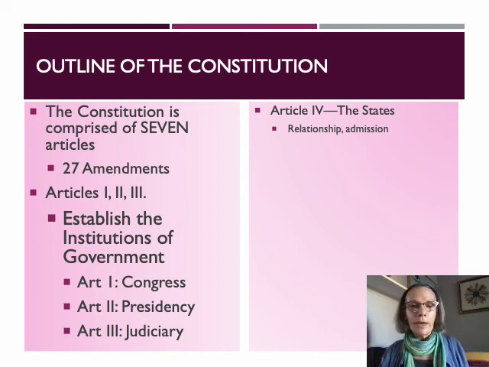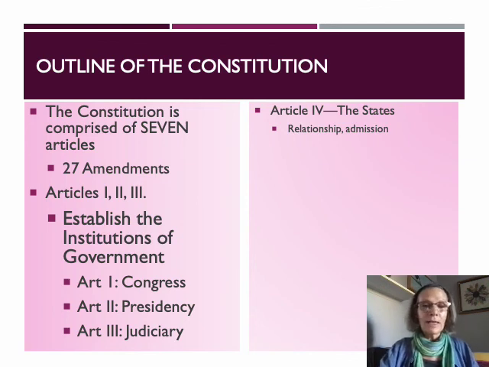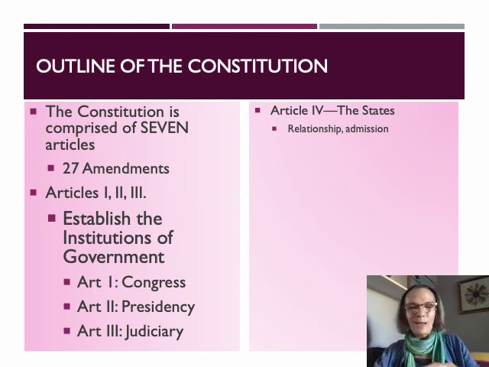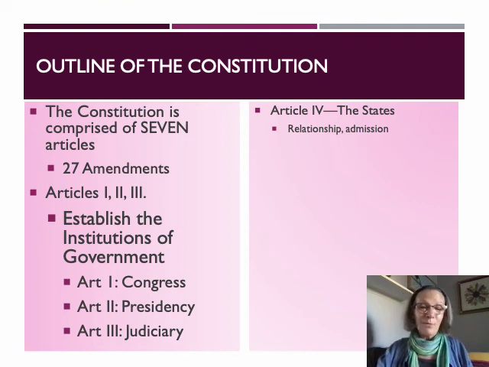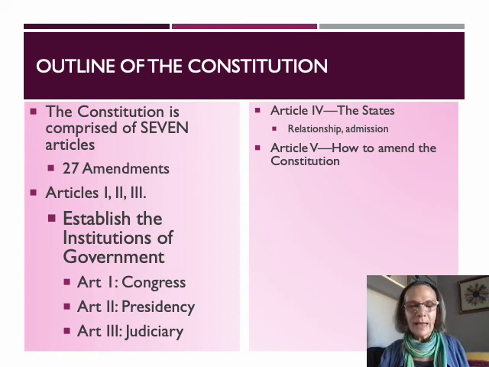In Article 4, it talks about the relationships the states have to each other and to the national government, and also how states are admitted to the Union, if we want to grow the number of states, which we have from 13 to 50. So Article 4 deals with the states, and we'll talk about that more next week.